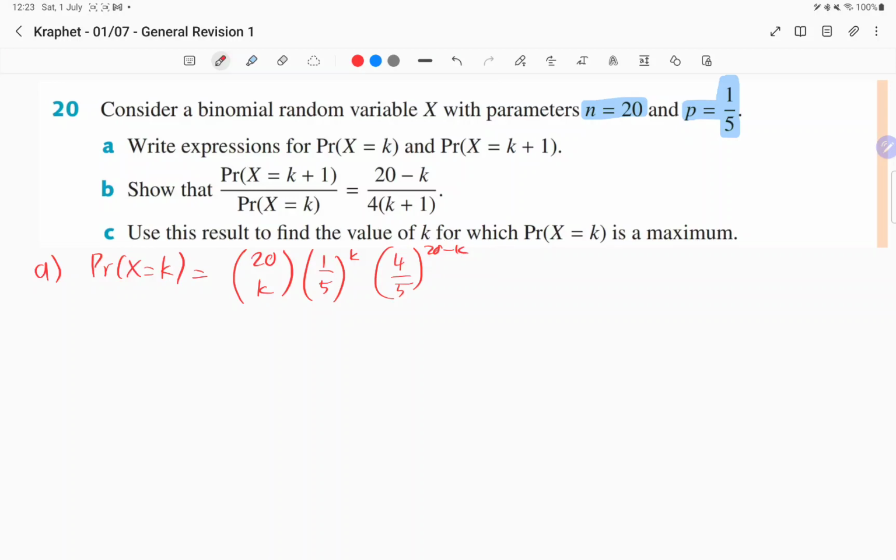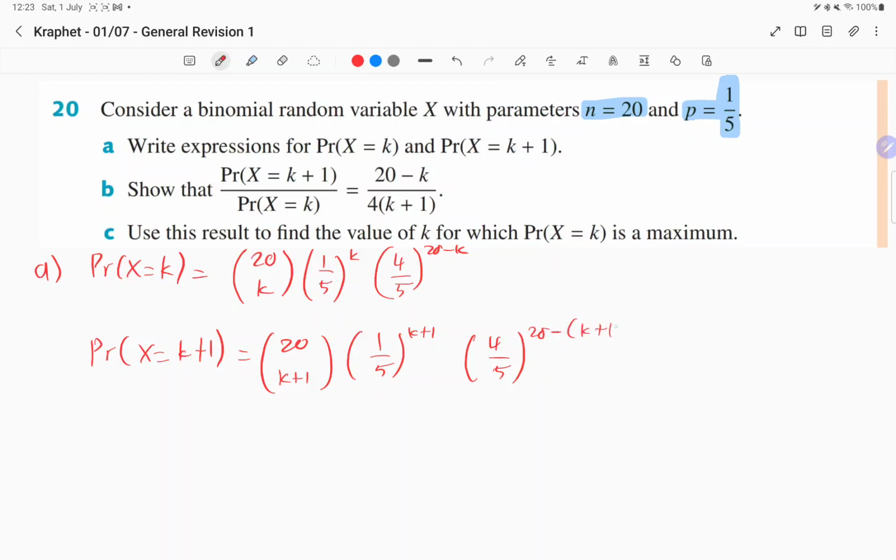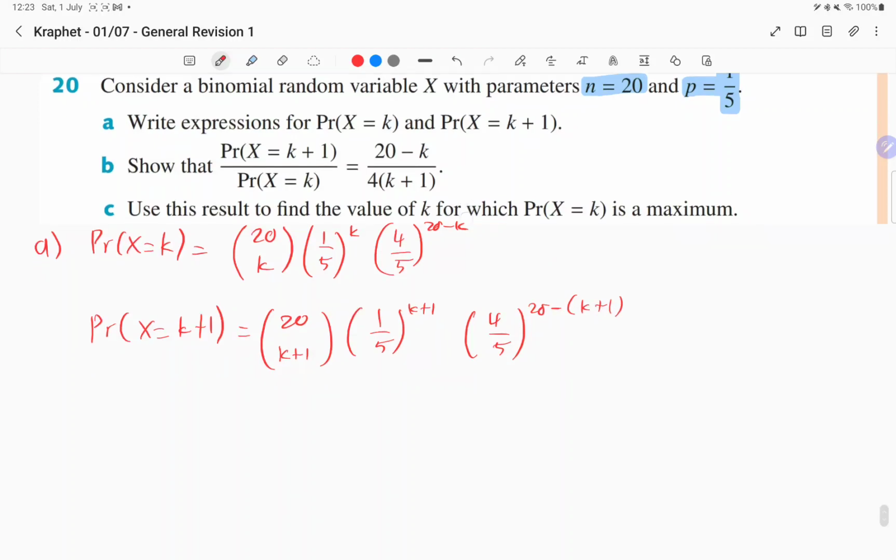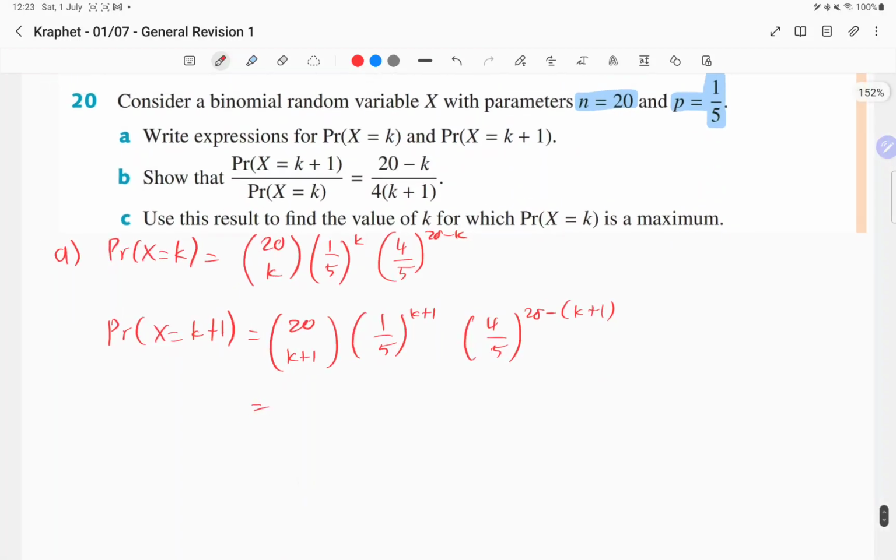Let's see. Pr(X = k + 1) would be 20 choose k + 1, and then 1 over 5 to the power k + 1, and then 4 over 5 to the power 20 minus (k + 1). It's like specialist, but yeah. Okay, so continuing.